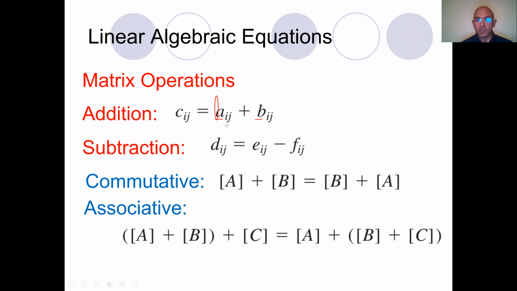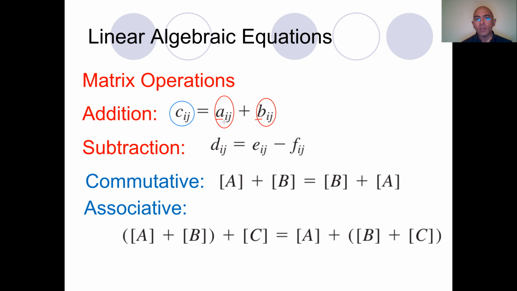So Aij is summed with Bij, and it will form a new matrix Cij. What it means is that you can sum two matrices with equal dimensions. The number of rows and number of columns must be equal in both matrices, and certainly the resultant matrix has the same dimensions as the matrices which are summed up.